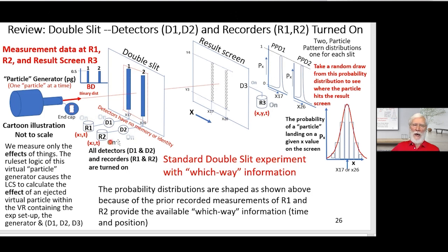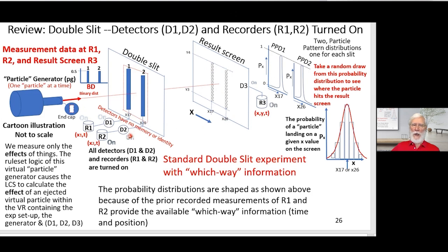Now right here we have them all turned on. So detectors are detecting and will detect any particle that goes through the slits, and the recorders are recording and they will record that information. Now over here is what we call the result screen. So the particles go through these slits and hit the screen.